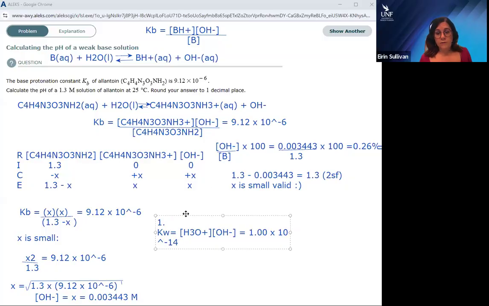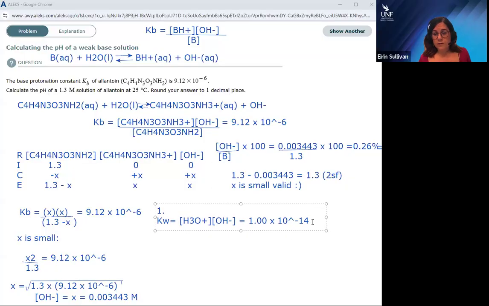So if you know the concentration of hydroxide, you can rearrange and solve for the concentration of hydronium. So the concentration of hydronium is going to be Kw, 1 times 10 to the power of minus 14, divided by the concentration of hydroxide that we just worked out, which was 0.003443, and that shakes out to be 2.9 blah blah times 10 to the power of minus 12.